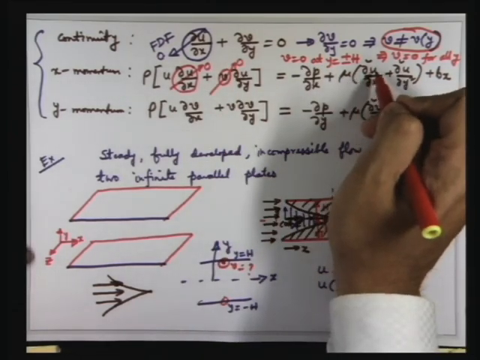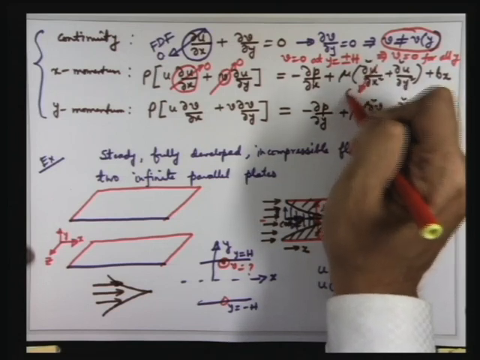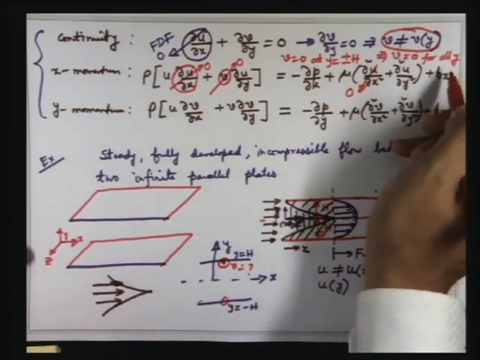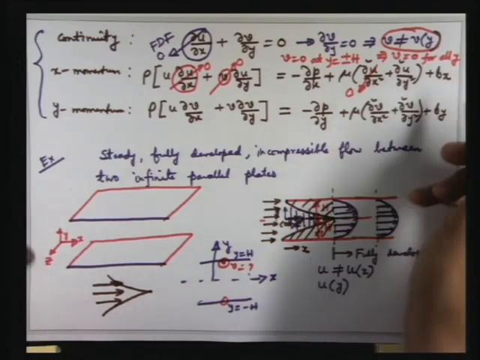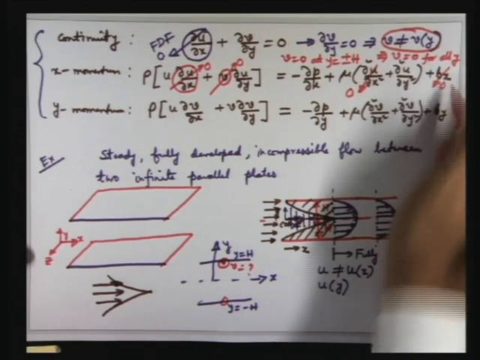Consider the right hand side. If del u del x is 0, its second order derivative is also 0. So del square u del x square equal to 0. And let us assume that there is no body force along x and y, so that these terms are 0.